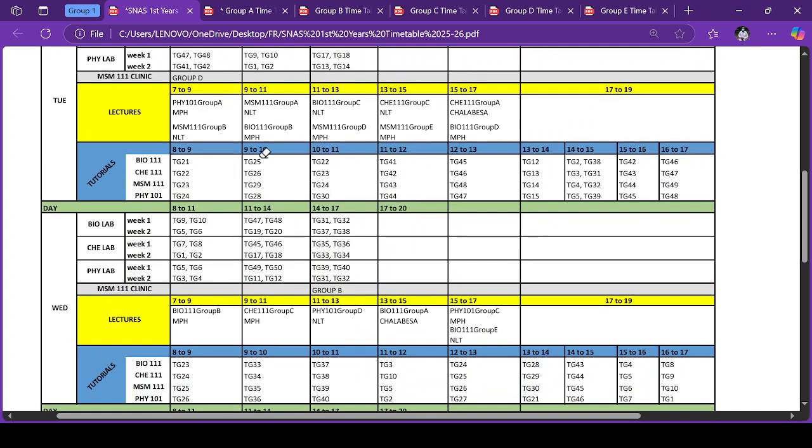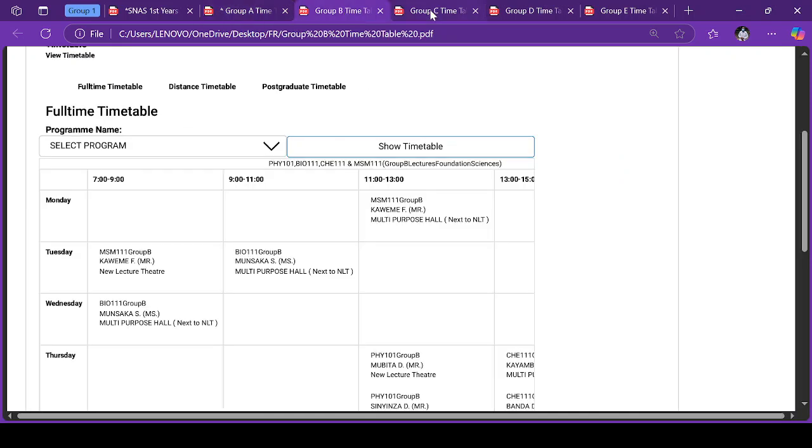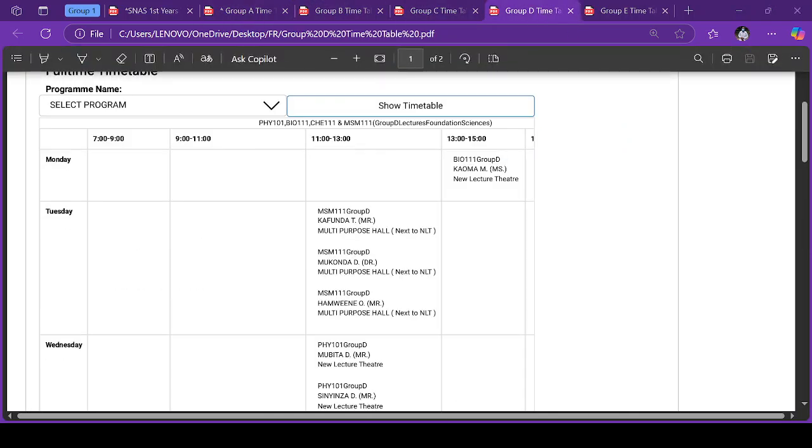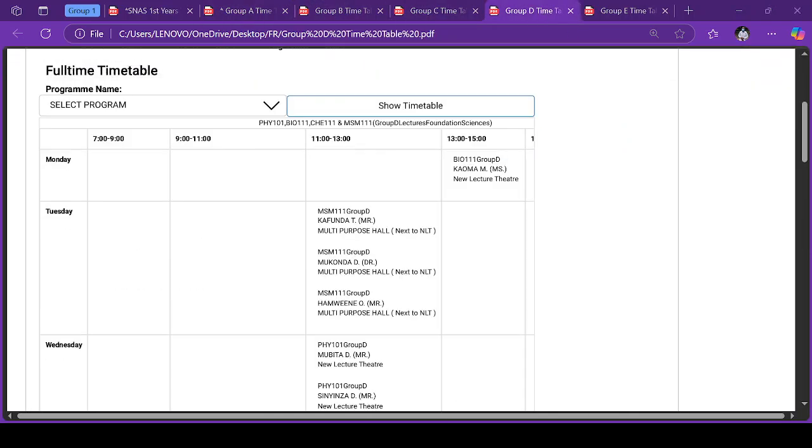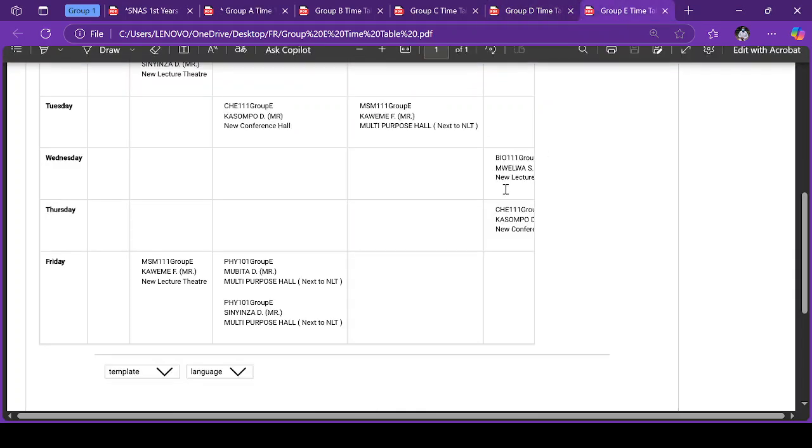This is just showing you the labs and the tutorials all together with the lectures. For now, just focus on your specific timetables and everything will be good.